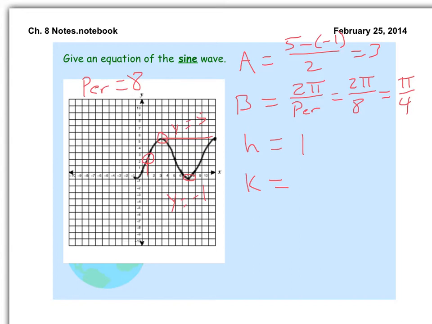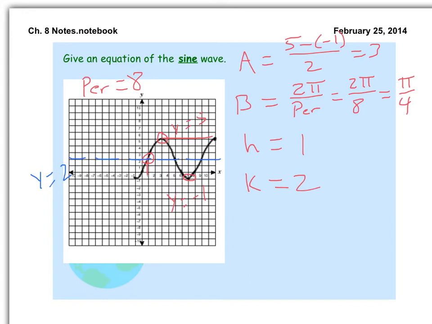What we really want to do is to focus on finding the middle of the graph. Okay, the very center. That's 3 units from the max and 3 units from the min, and yes, that's related to the fact that the amplitude is 3. And I can see that that line is right at y equals 2, which means the vertical shift is 2.